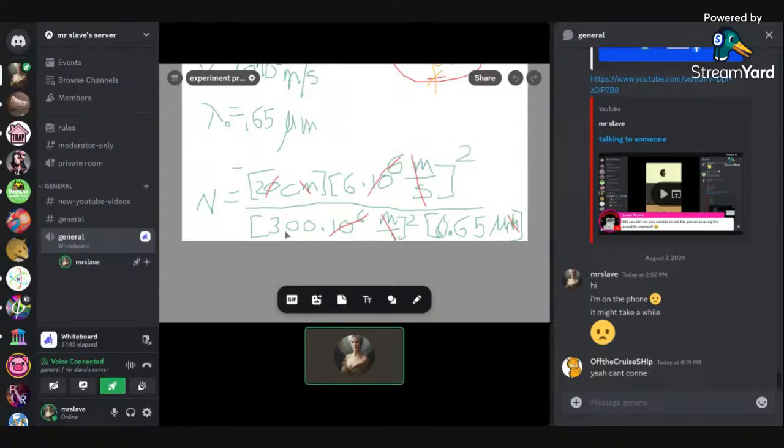And then c is 300 million meters per second. And lambda is 0.65 micrometers. Okay, and then we canceled meters with meters, meters per second squared with meters per second squared, 10 to the 6 squared with 10 to the 6 squared. 0 with something. I don't know with what. Who knows? How did I cancel this 0?